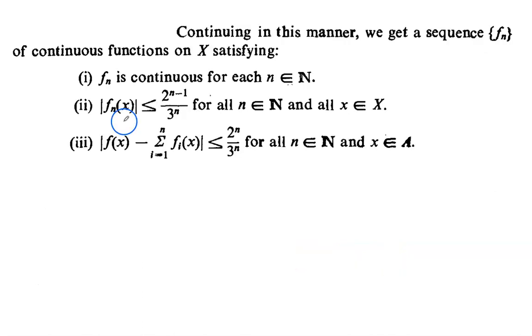So the sequence fn will definitely satisfy this relation: modulus of fn of x less than or equal to 2 raised to n minus 1 divided by 3 raised to n. The third property is that modulus of f of x minus sigma i varying from 1 to n fi of x is less than or equal to 2 raised to n by 3 raised to n for all n element of N and for all x element of A.